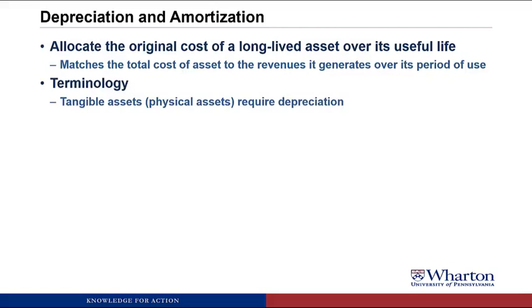For tangible assets, which are physical assets like buildings or equipment or trucks, we're going to call this process depreciation. For intangible assets, which are abstract assets like trademarks or customer lists, which we've acquired in an acquisition, we're going to call this process amortization. But the process is going to be very similar, even though the terminology is different.